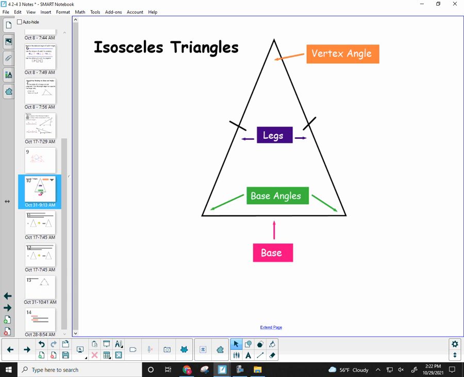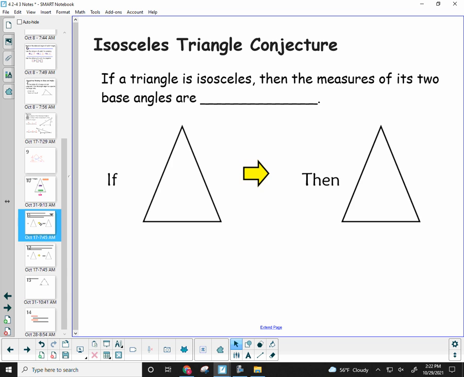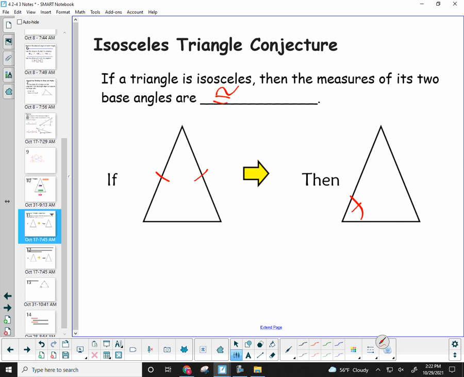Any questions about that? All right, so the isosceles triangle conjecture says, if a triangle is isosceles, so if we have 2 congruent legs, then the measure of its two base angles are congruent. So if we have two congruent sides, then we have two congruent angles.